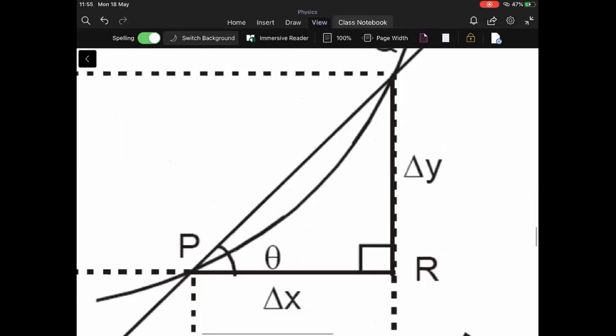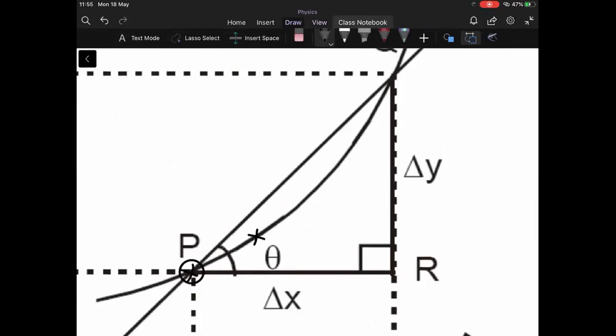So instead of taking Q at a faraway point, you take P here. You take another point Q such that this distance is delta x.